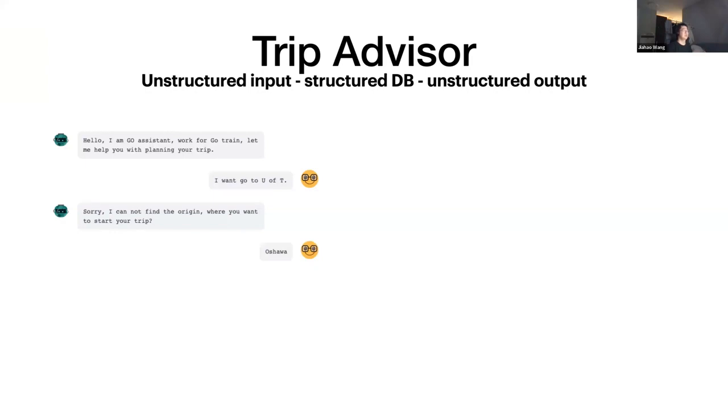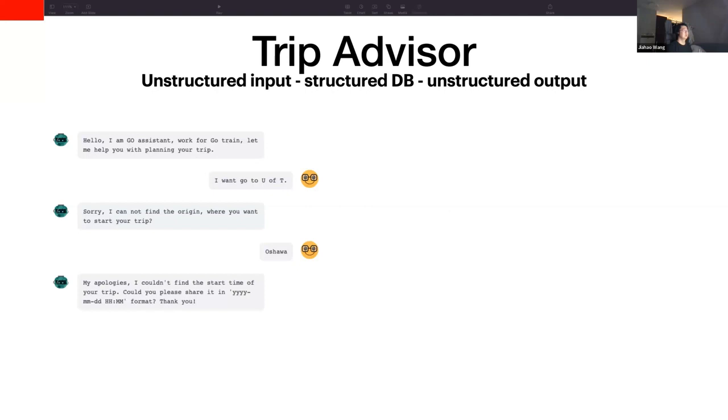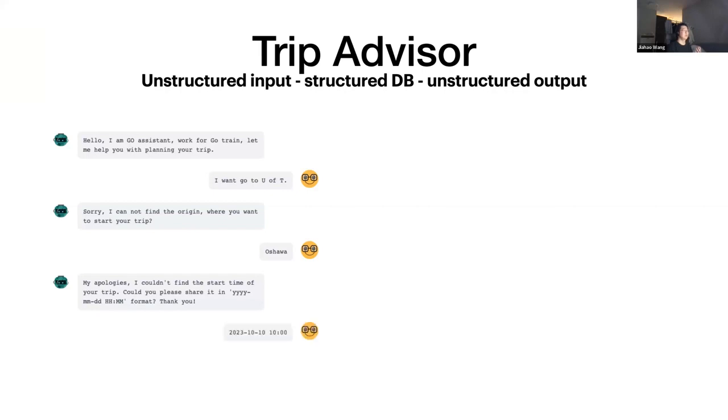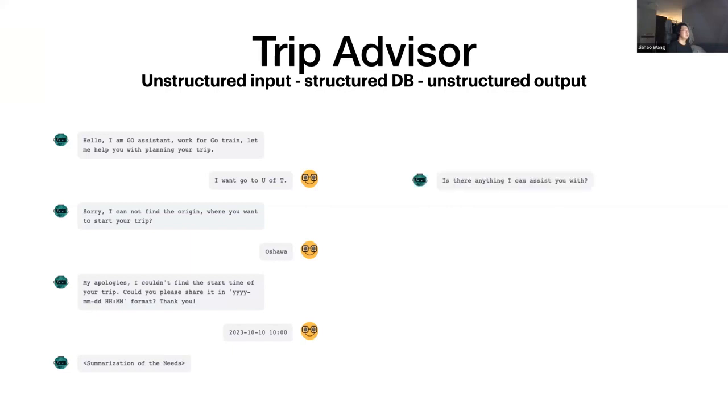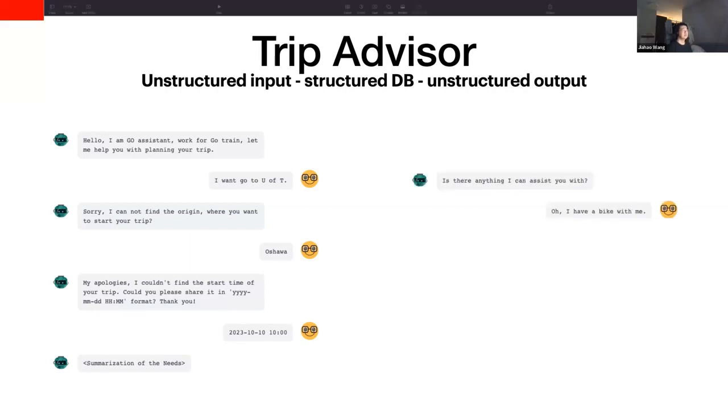I just say Oshawa, and then the assistant, sensing there's no specific start time for the trip, asks me to give the start time. Then the assistant thinks there's enough information, and it summarizes the trip information for me and asks whether I have any other special needs it can assist with.